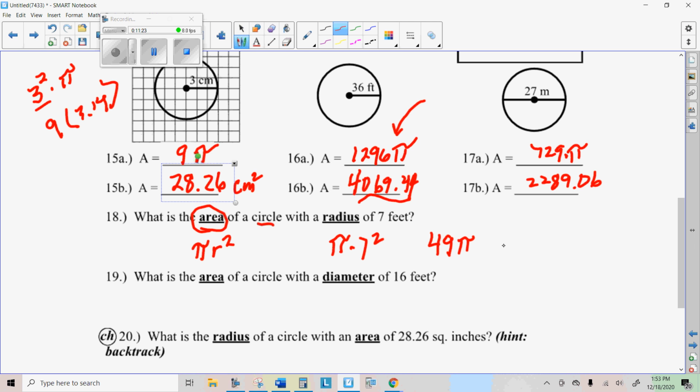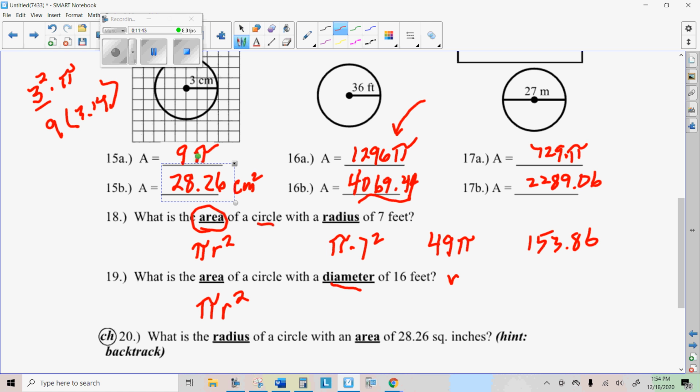And then we can approximate that to 49 times 3.14, which is 153.86.